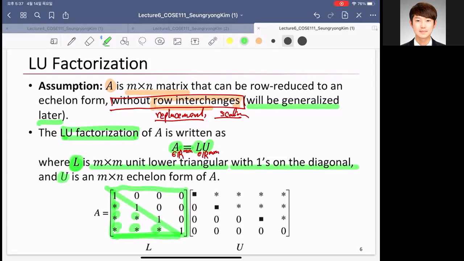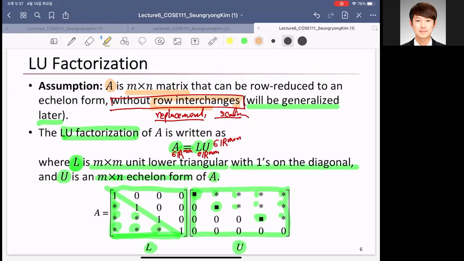And U is the m by n echelon form of matrix A. Maybe this is a pivot position and these are nonzero entries here. This is L and U.